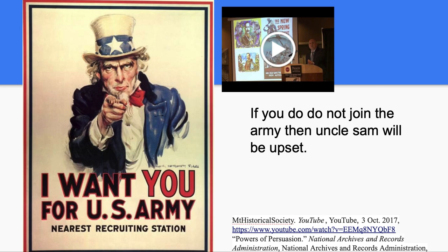And the whole idea of this poster, and the other posters as well, was as a recruitment tool to convey ideology, to raise funds, and to identify who the real enemy was. And this image appears threatening, so that way you will join the army, otherwise something bad would happen to you.